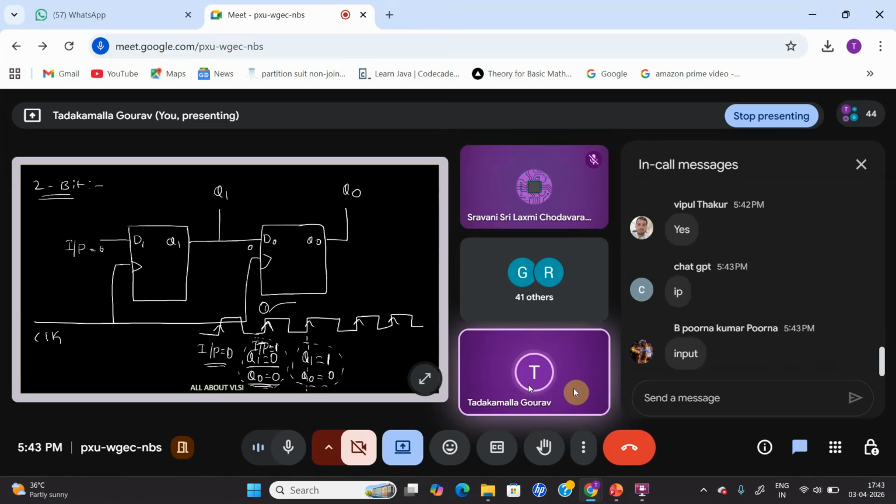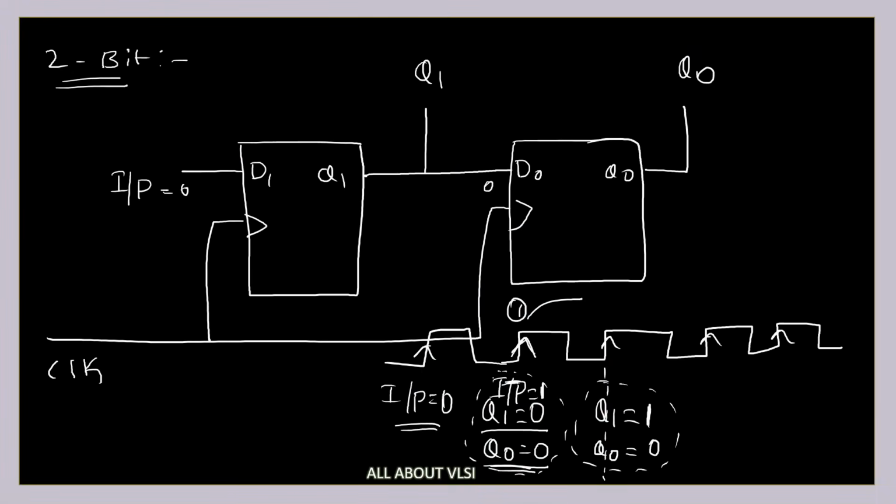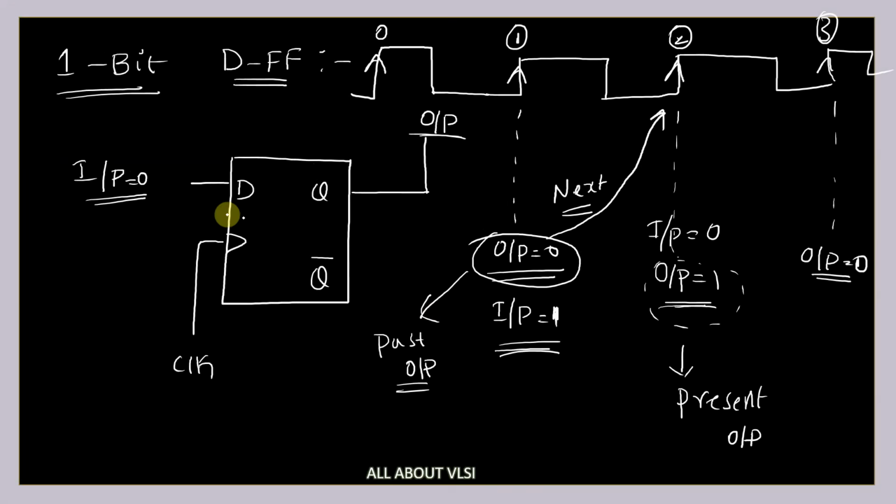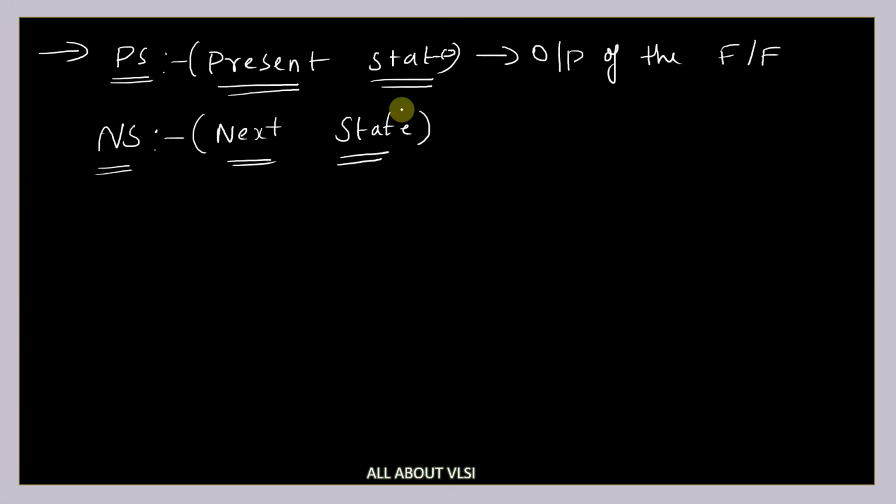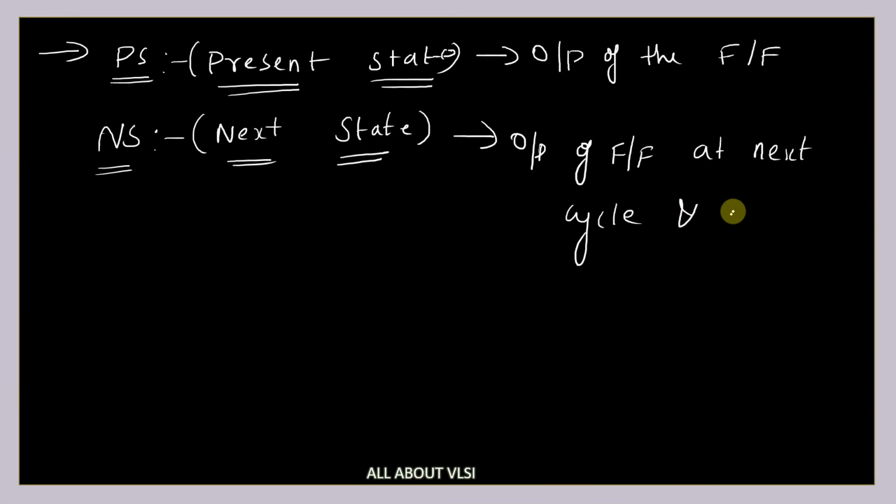So basically, input is deciding your next output in this particular circuit I'm talking about, right? So in this particular circuit, my output is dependent upon my input. So next state is nothing but the output of the flip-flop at the next cycle, and it depends upon my input.